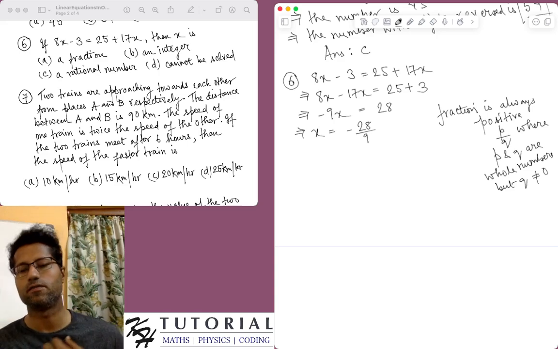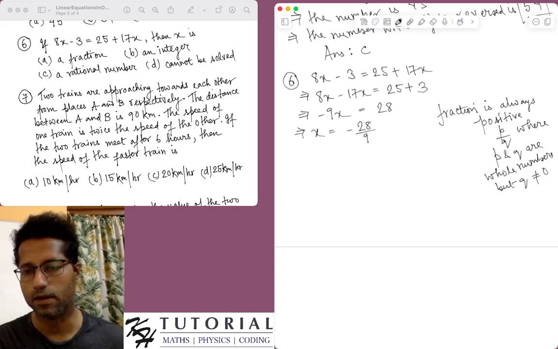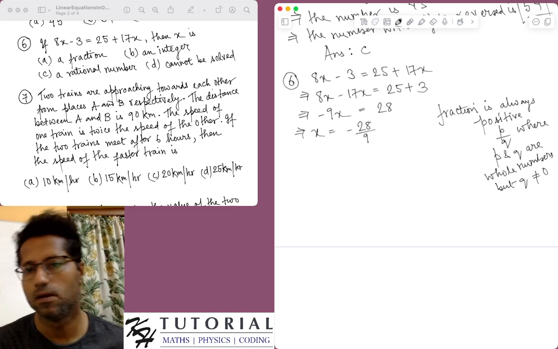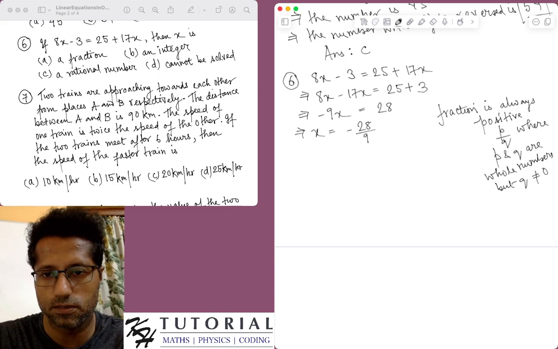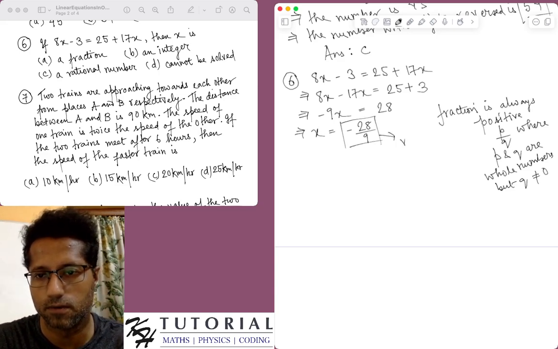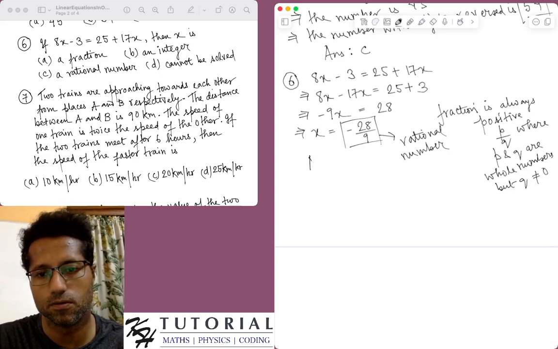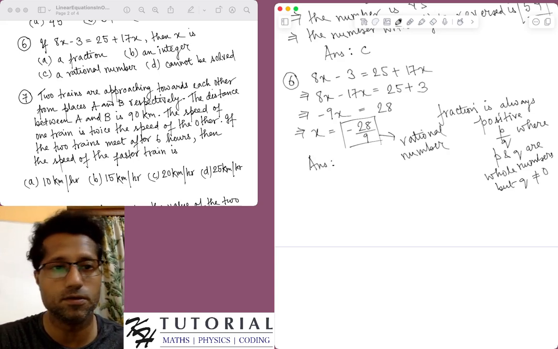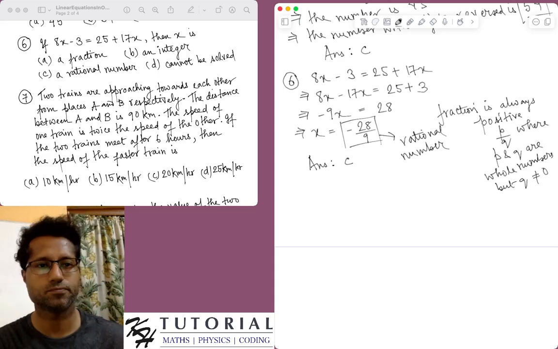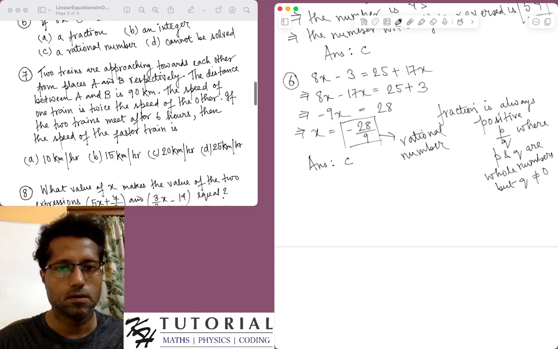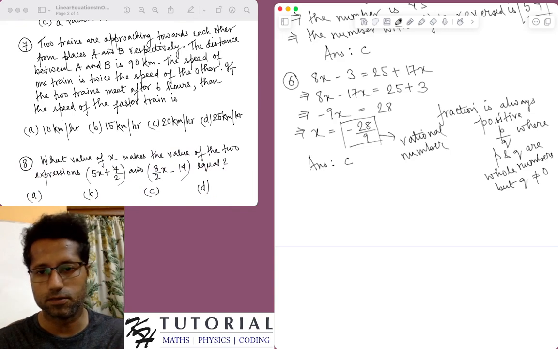This is the definition of a fraction. So a fraction is never a negative number, but rational numbers are nothing but positive and negative fractions. So this is a rational number. So the answer is choice C. Okay. Let's do question number 7.